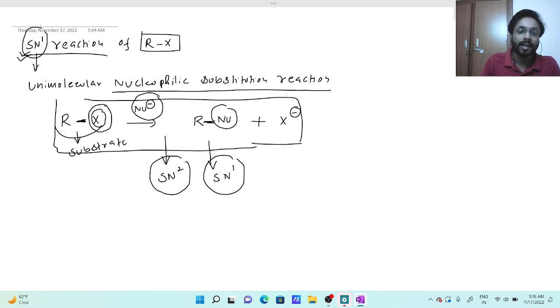So again let me recall, Sn1 stands for unimolecular nucleophilic substitution reaction. Fine. So let us understand the mechanism, the reaction pathway, how the reaction is proceeding, how the products are forming, all the things we will discuss. What are the factors affecting the Sn1 reactions? Okay. So let us understand each and every step in detail.